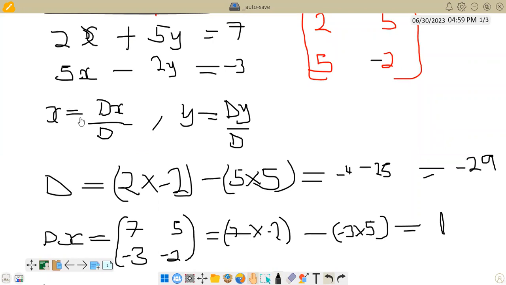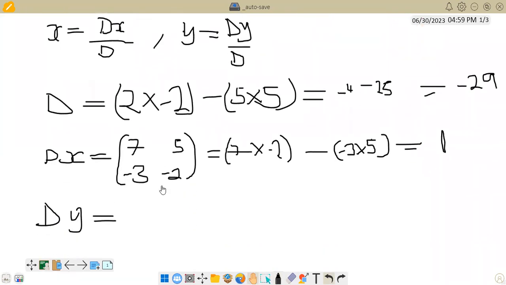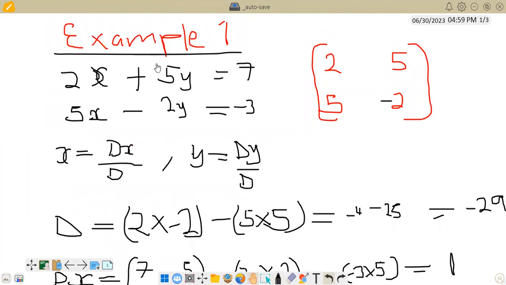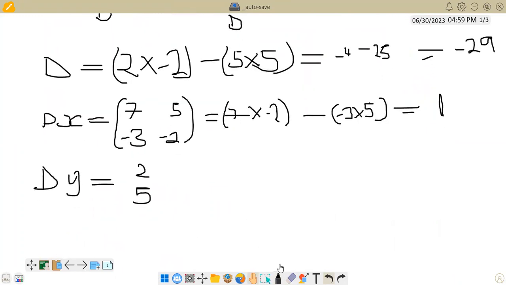So here we have 2, 5. But now, this side, instead of having 5 and minus 2, you have 7 and minus 3. So we have 7 and minus 3.